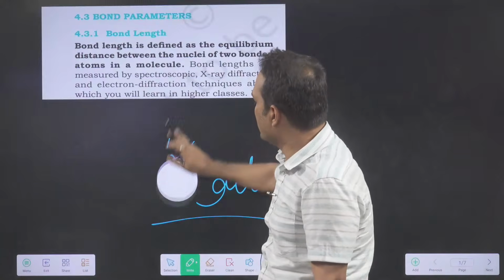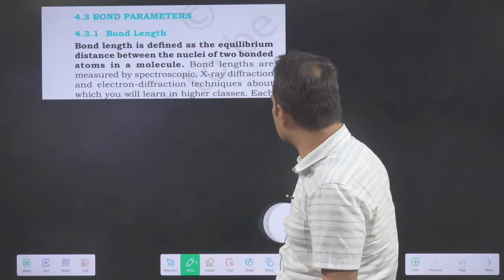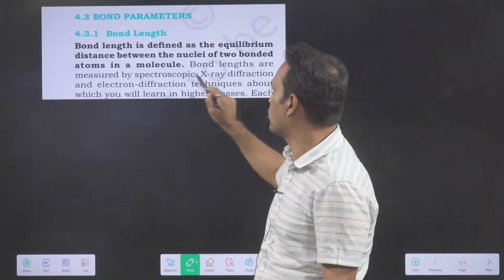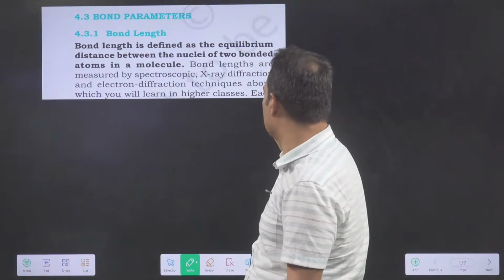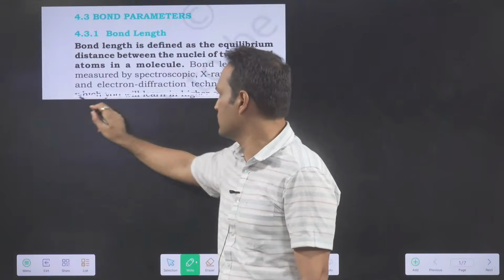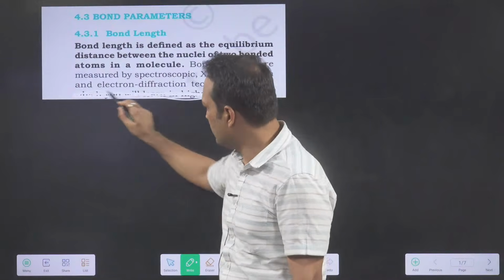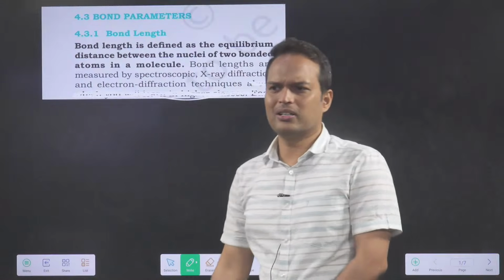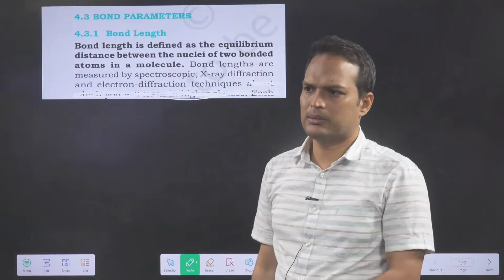And how can we calculate bond length? The bond length is measured by spectroscopy, X-ray diffraction and electron diffraction techniques, about which you will study in higher classes. Anyhow, you have to solve questions.